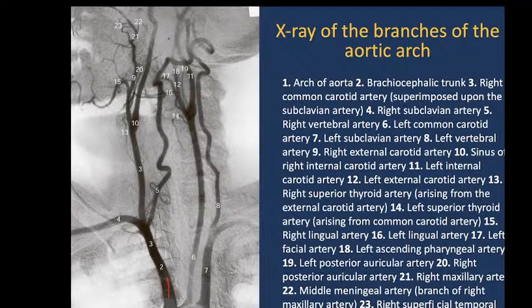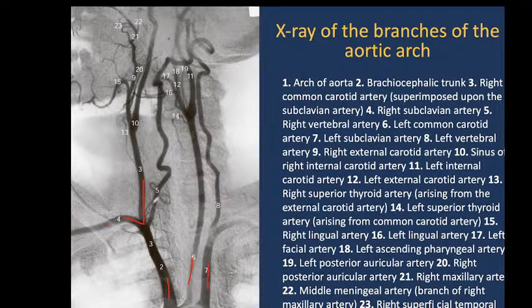This is the brachiocephalic trunk. This is the correct name. Left common carotid artery and left subclavian artery. As you see, the trunk is divided into the common carotid artery and right subclavian.